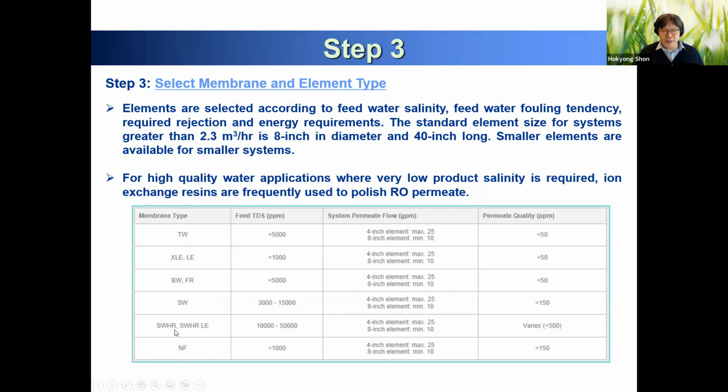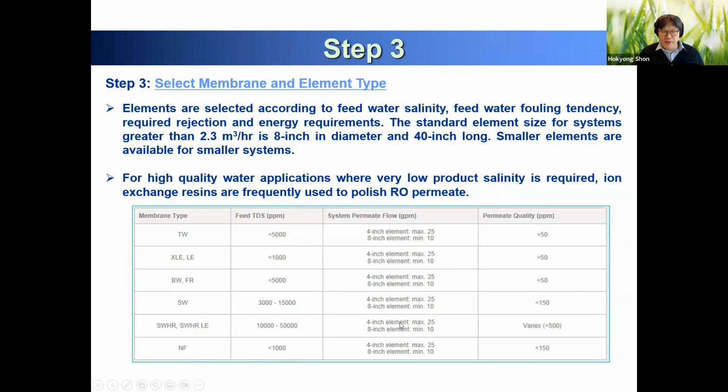Seawater high rejection, HR meaning high rejection, is 10,000 to 15,000 ppm. Nanofiltration is less than 1,000 ppm. So based on your feed water TDS, you can select BW or SW, HR. They also come in two different sizes, 4-inch and 8-inch.